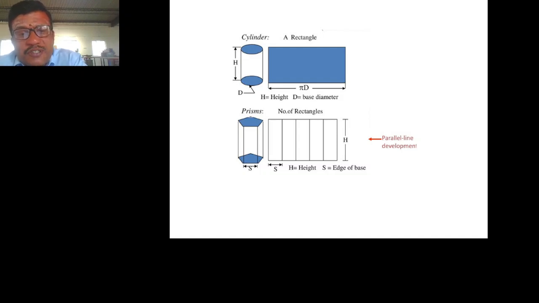We have to construct a pentagonal prism followed by the development of surfaces. With respect to this cylinder, D is the diameter and H is the height. When we project the development of surfaces, the length will be pi D. This method is called the parallel line development method, used for prisms and cylinders.